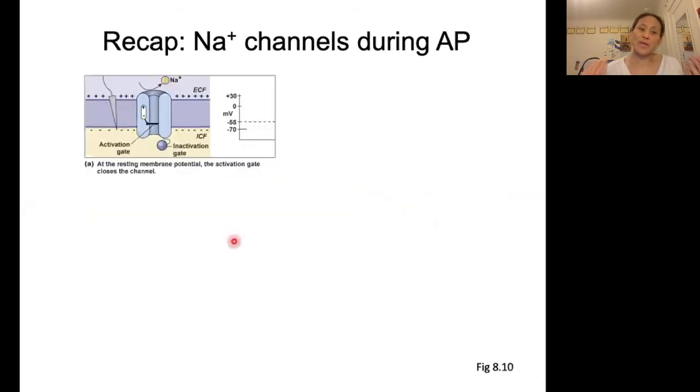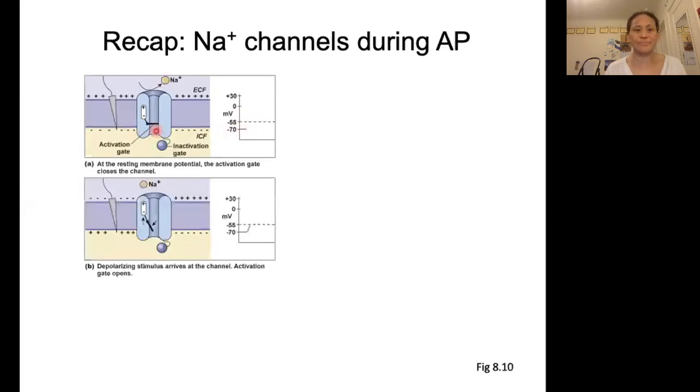Okay, so just to recap those steps, I want to remind you, we're starting at resting membrane potential. At resting membrane potential, the activation gate is closed. We're going to depolarize the membrane. That is going to cause the activation gate to open.